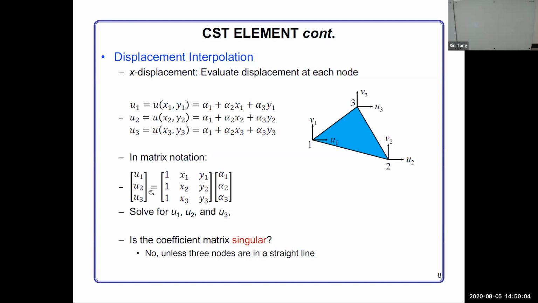Our goal is to solve for alpha 1, alpha 2, and alpha 3. Once you know them, you can put them into this form to solve for any random point you are interested in within this element.